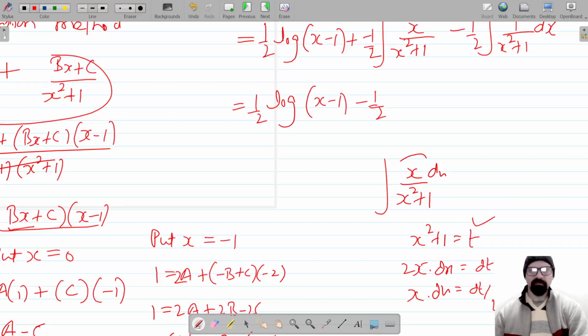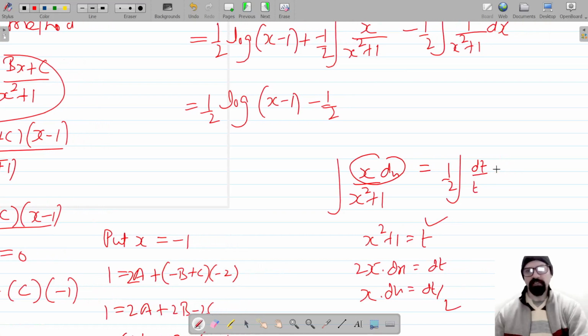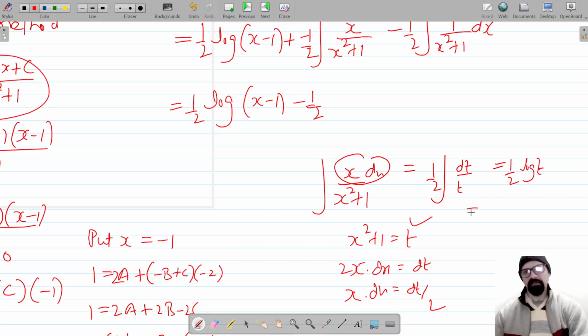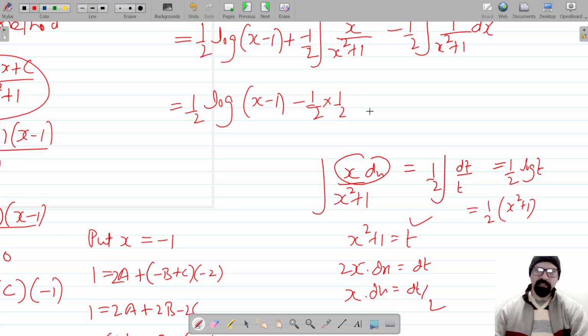So this becomes half dt by t, which is half log t. And t is x squared plus 1, so this is half log of x squared plus 1.